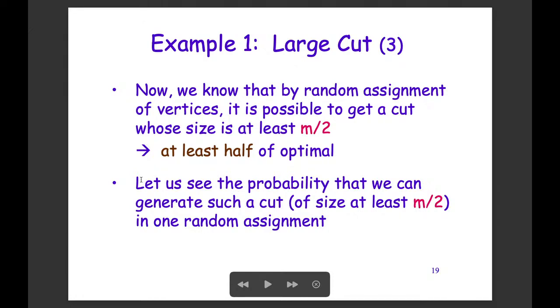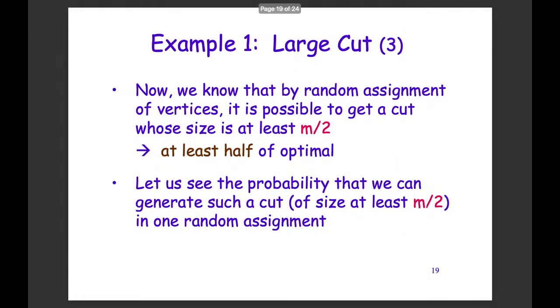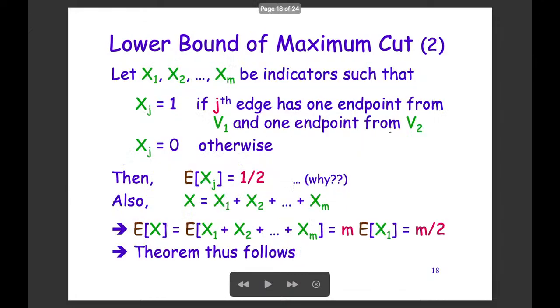So because of this, let's see if we can have an algorithm to get a cut with size m over 2. What we are going to do here is use the same process as before: randomly assign the vertices to one of V1 and V2.